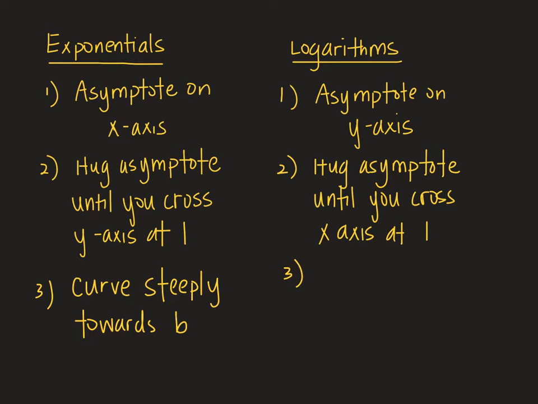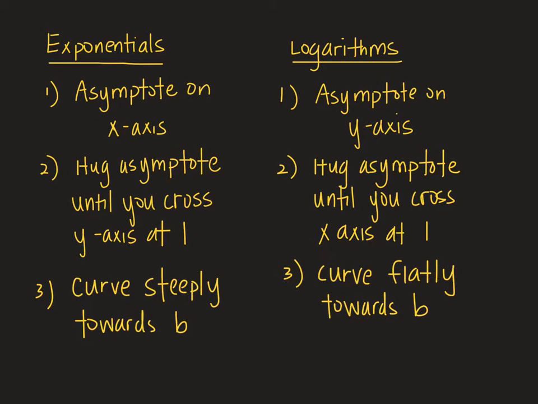In a log, you're also going to curve, but the opposite of curving steeply is curving in a flat direction. So we're going to curve, I guess we call it flatly. I don't really know a better way to do it. And we curve flatly towards b.